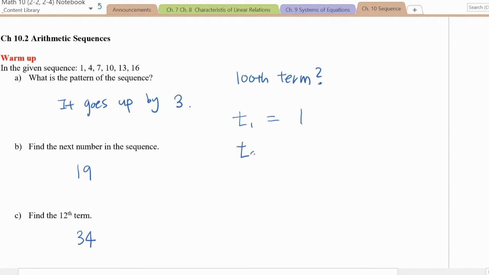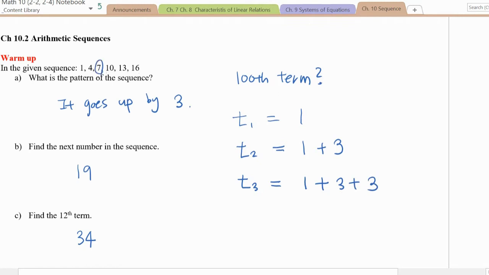And the second term, it goes up by 3. So we add 3 here. The second term is 1 plus 3, right? What about the third term? So we add 3 again. So 1 plus 3 plus 3, which is 7.